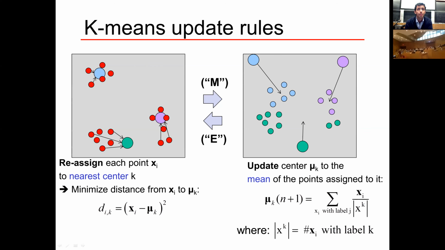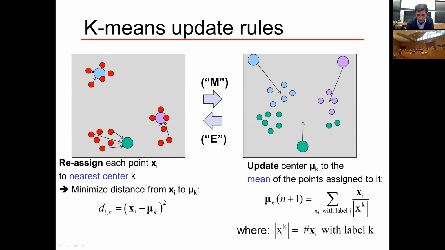Okay. Now, then I update the center mu to the mean of the points that are assigned to it. So basically at iteration n+1, the new 20,000 dimensional vector mu_k is basically the average of all of the coordinates of each point divided by the number of points that there are.